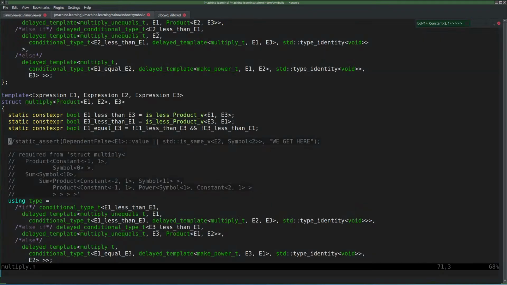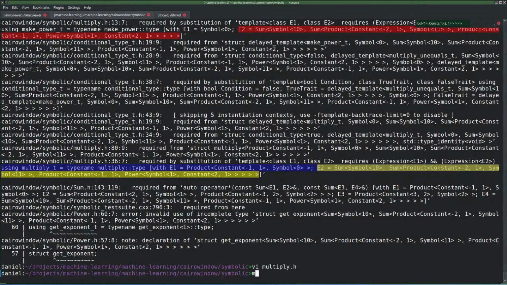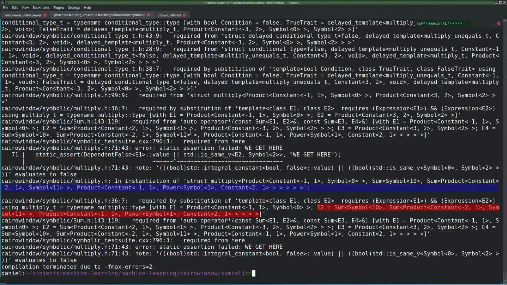And now we add back the static assert. So that is this one, lines 36, E2 is that. Which then indeed tries to instantiate a multiplier that starts with a product, and the second one is not a product. And then we static assert.